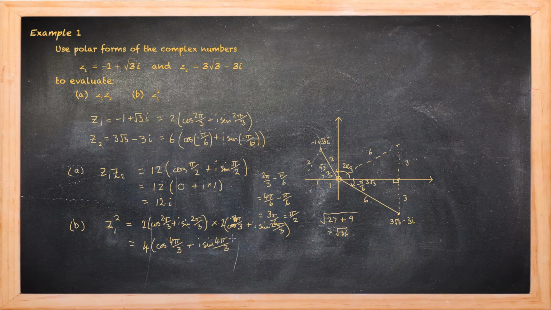But there's what we've got, and to evaluate that we need to look at the value of cos 4 pi upon 3. So 4 pi upon 3 is in the third quadrant, pi plus pi upon 3.